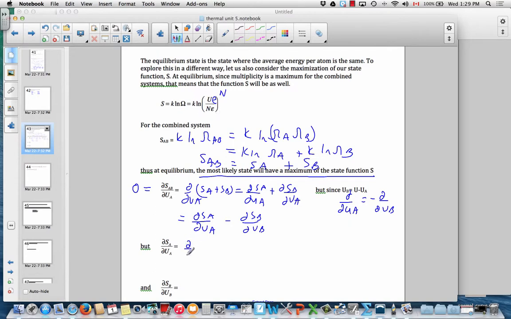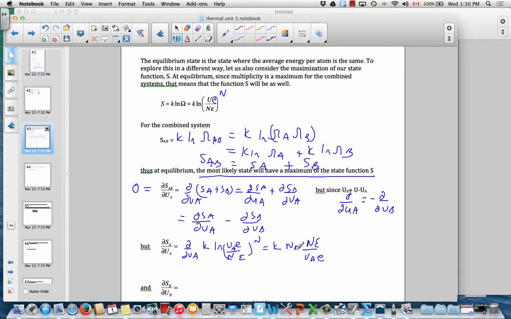Well, that's a logarithm. Again, the derivative looks a little ugly because there's a lot of variables here, a lot of symbols. But there's only one variable, right? We're just differentiating with respect to the internal energy A. So it's K. The N comes down in front. That's just by the log property, by the way. Then we just have to do the derivative of log. The derivative of log is 1 over x, so that's just the reciprocal of this argument here.